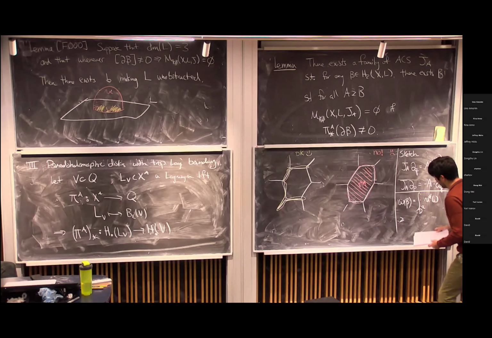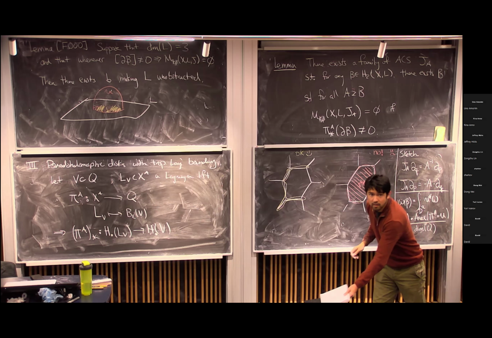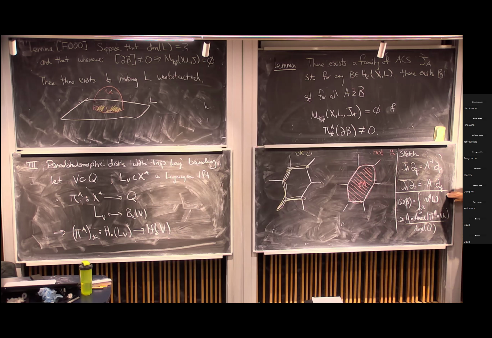And then you get that this is greater than or equal to A times the area of the projection of u, divided by the dimension of Q. Okay, so on the one hand, I have a constant quantity, right? Omega of beta doesn't depend on A at all.